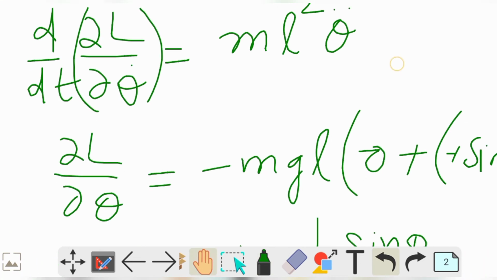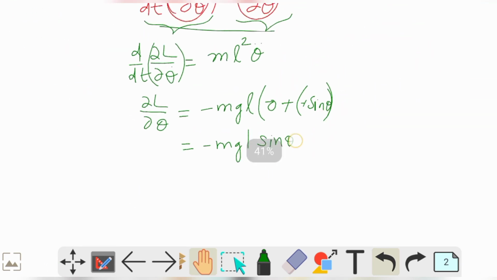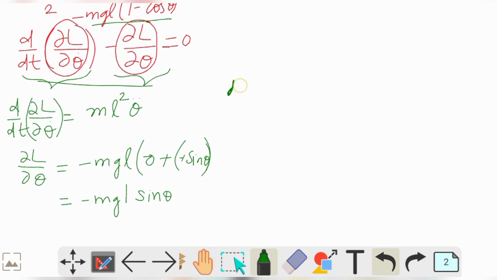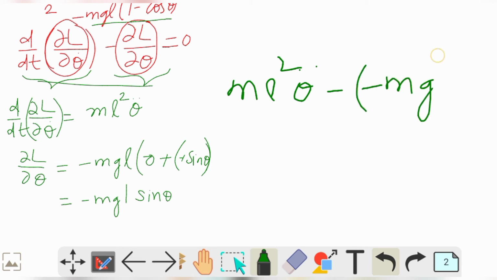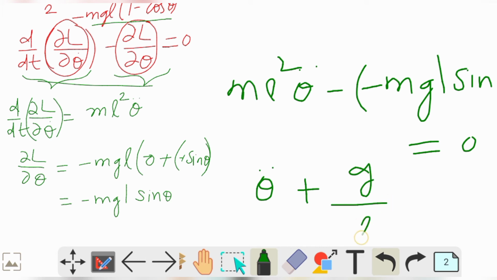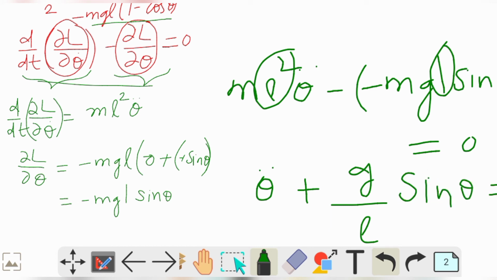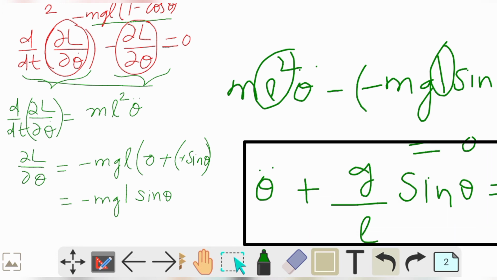This gives us m L square theta double dot plus mgL sin theta, equal to 0. The m cancels out, and taking L, we get theta double dot plus G by L sin theta is equal to 0, because this is L square and this is L. This is the equation we obtain at the end.